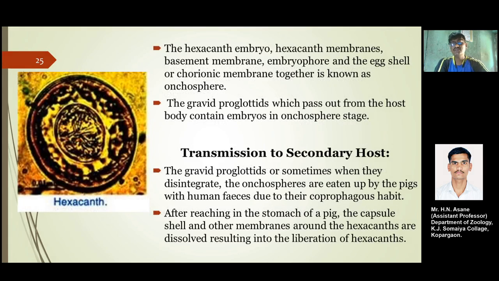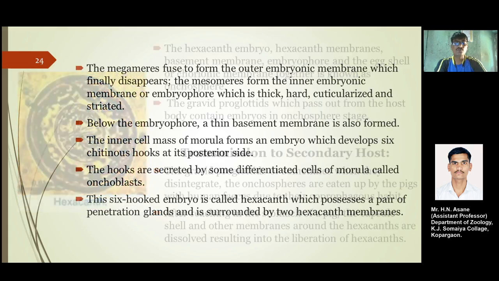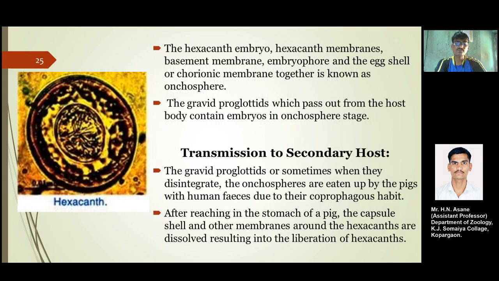The hexacanth is nothing but the packed fertilized embryos or morulas of the egg that are packed in this particular hexacanth. Then the gravid proglottid, which passes out from the host body, contains the embryos in the oncosphere stage.